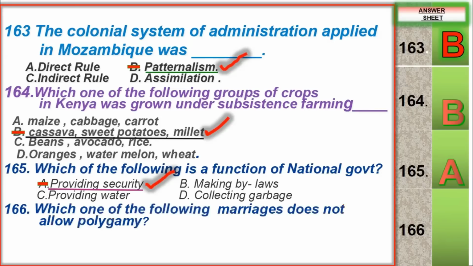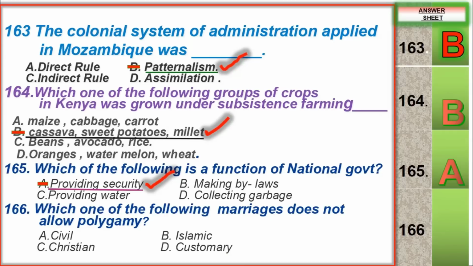Question 166. Which one of the following marriages does not allow polygamy? This question was brought in KCPE 2020, seat number 15. You can confirm later. Today things have changed. Islamic marriage, we know one can marry up to a maximum of 4.